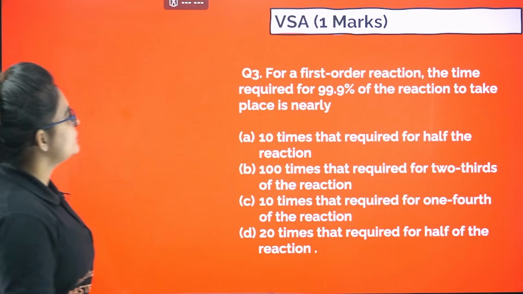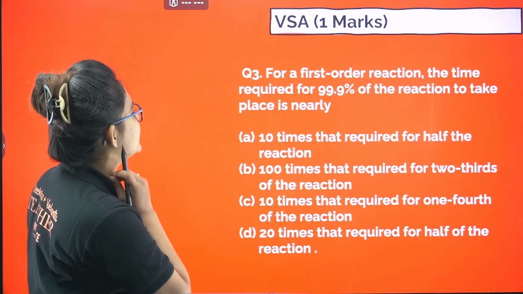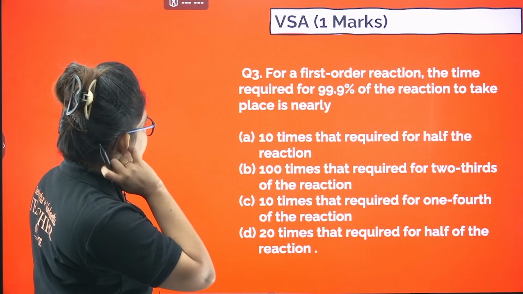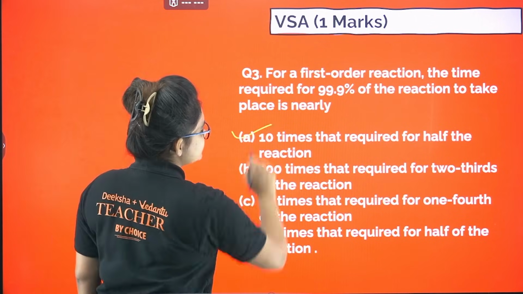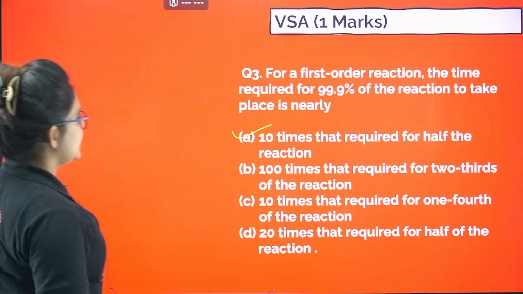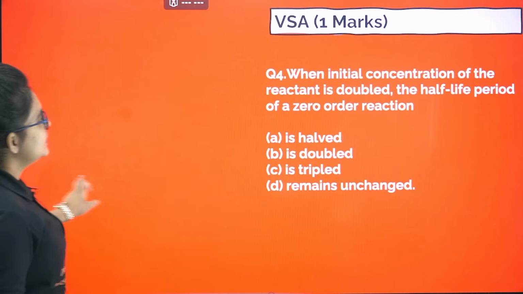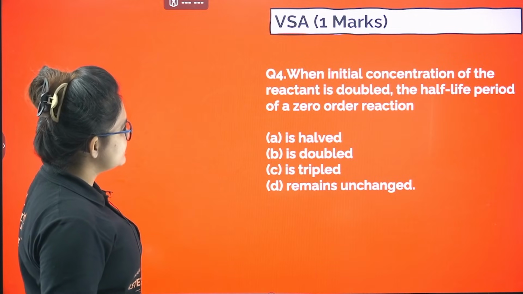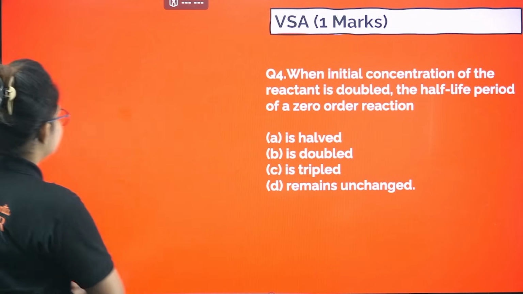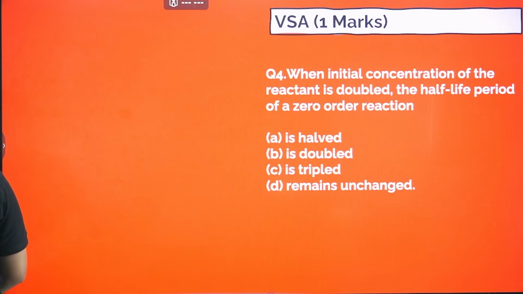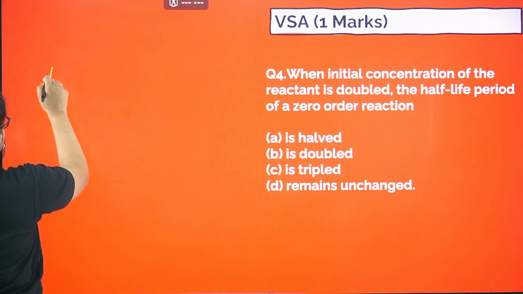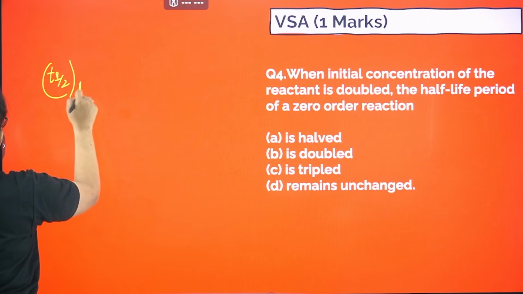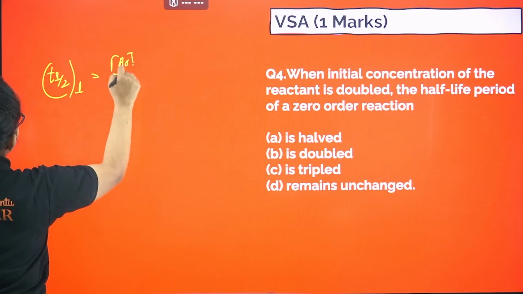Let's proceed. For a first order reaction, the time required for 99.99% reaction to take place is nearly 10 times that of the half-life of the reaction. Okay, let's proceed further. When the initial concentration of the reactant is doubled, what happens to the half-life period? Let's do it. Let's say T half-life 1 is A0 by 2K.